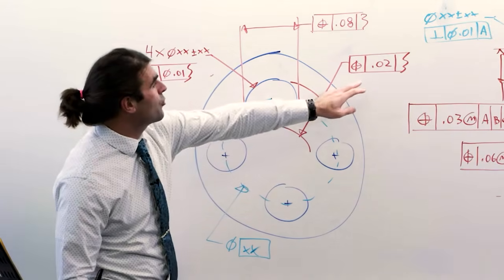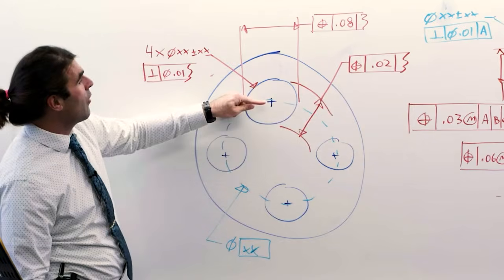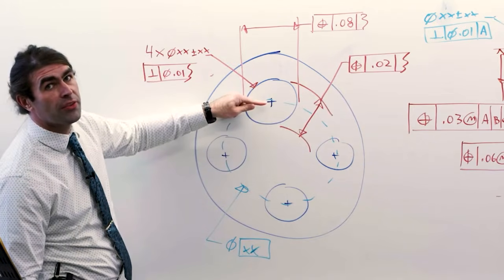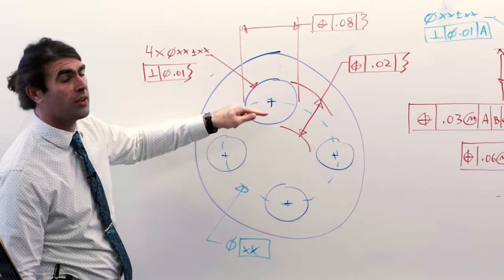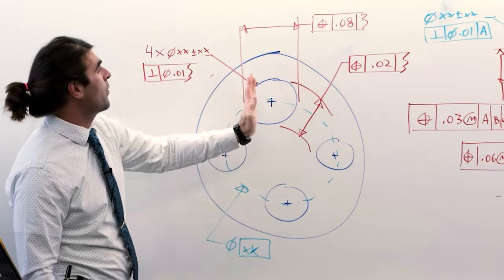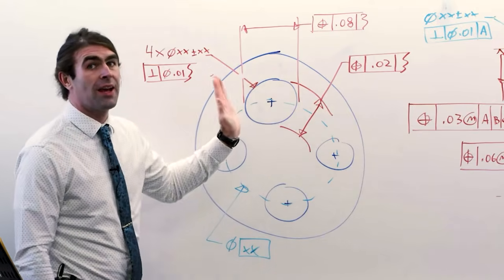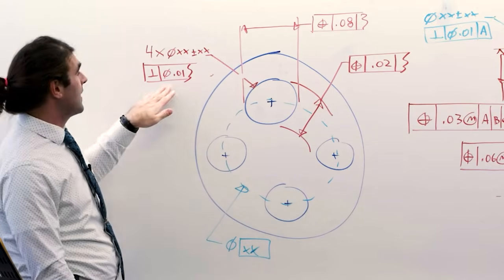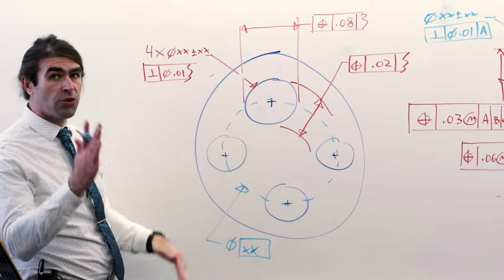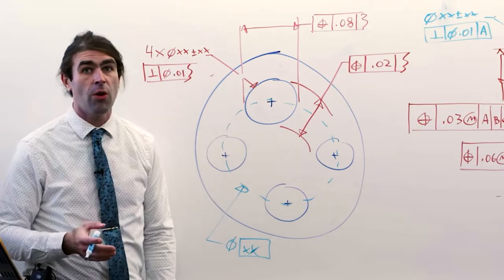But we've got 20 thousandths that controls how far the hole is away from the center, so this direction. Then we've got 80 thousandths that controls basically the angle, how far it can be away in this direction. And then again, we've got this perpendicularity to control the orientation of each hole.